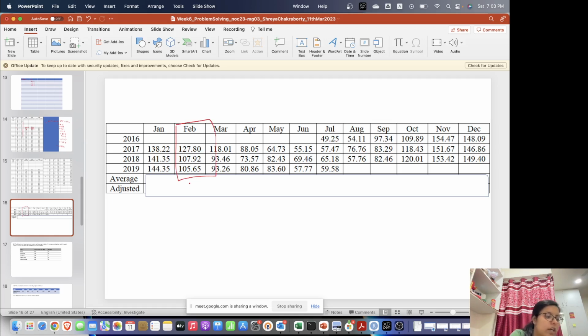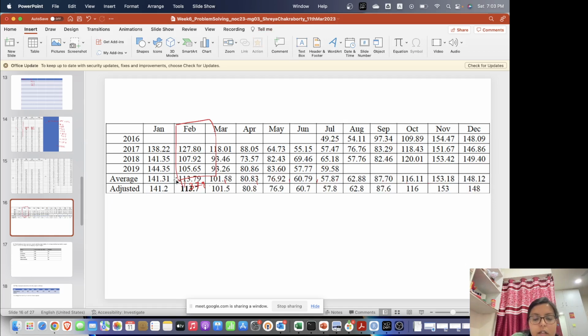So for February here, if these values are true, then it would be 127.8 plus 107.92 plus 105.65 divided by 3. So this would be 113.79, and so on for all of these. So this is what we would have for this point.